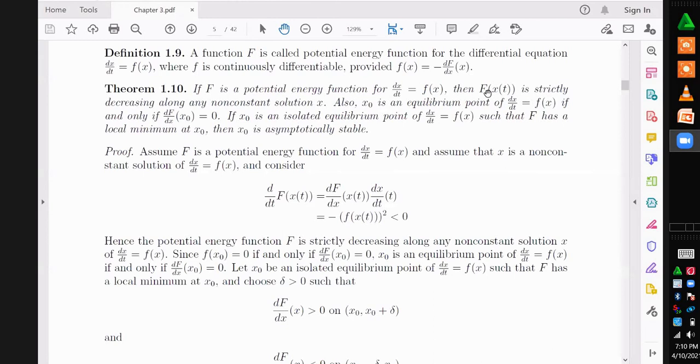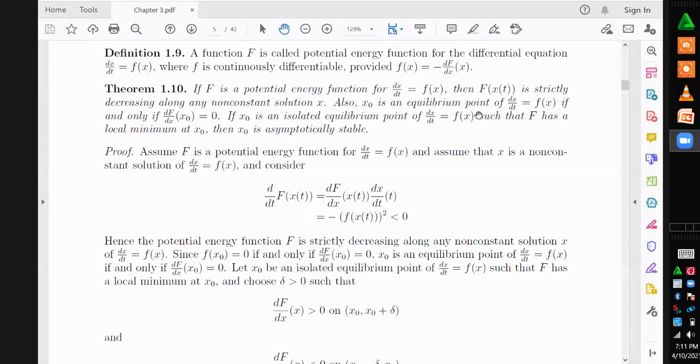Other than the constant solutions, which will be equilibrium points, for any other solution F of x of t will be decreasing.